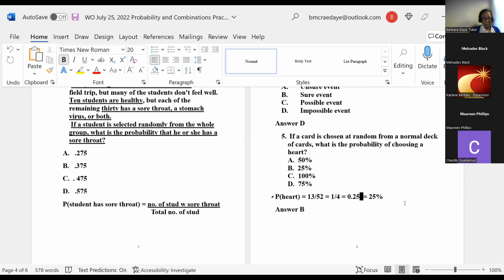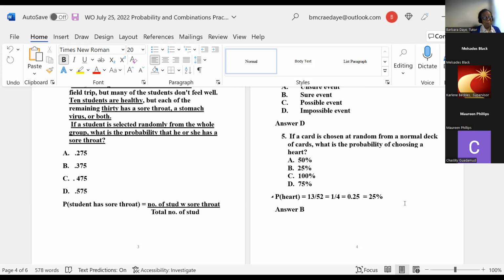Thank you, Miss. I understand this now, but I didn't remember the 13 in each suit. What's the probability of getting a club? It's the same amount, so it'd still be 0.25. Remember, 13 clubs, 13 hearts, 13 diamonds, 13 spades.